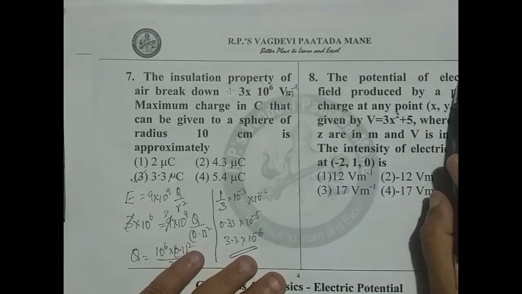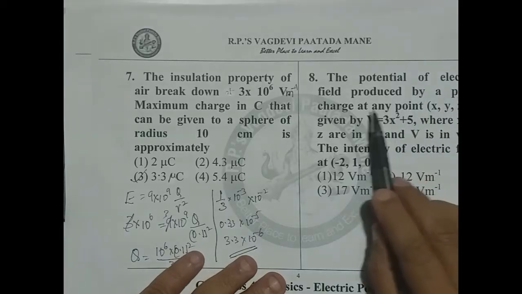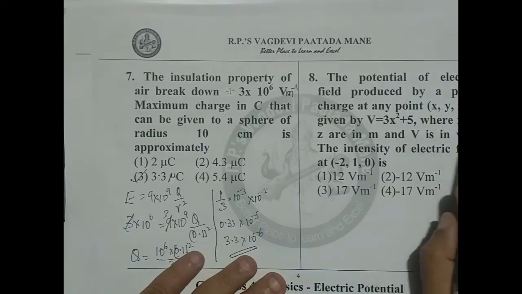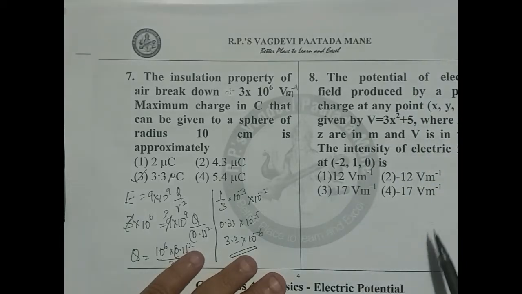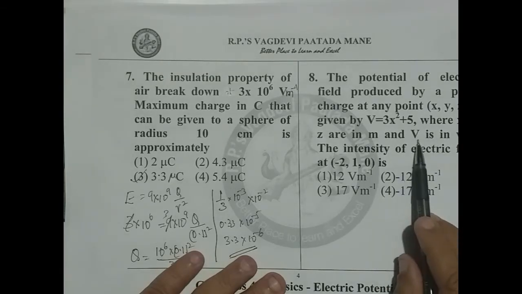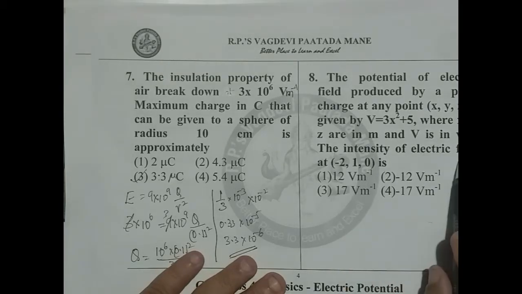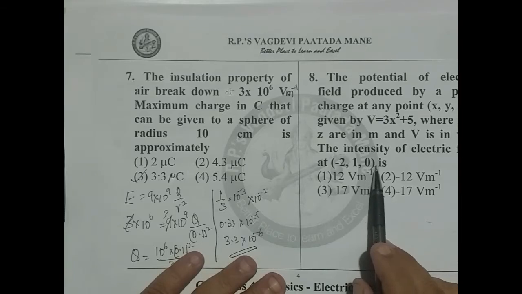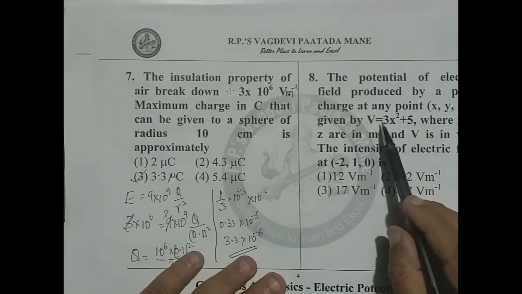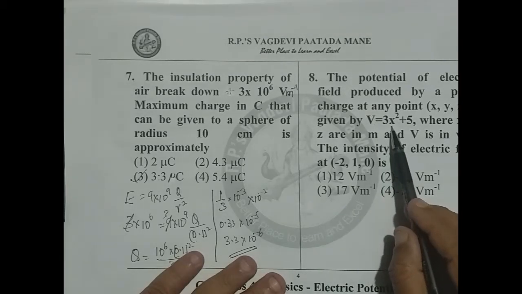The potential of the electric field produced by a point charge at any point x, y, z is given by 3x square plus 5, where x, y, z are in meters and V is in volt. What is the intensity of the electric field at minus 2, 1, 0? Observe V is a function of x.